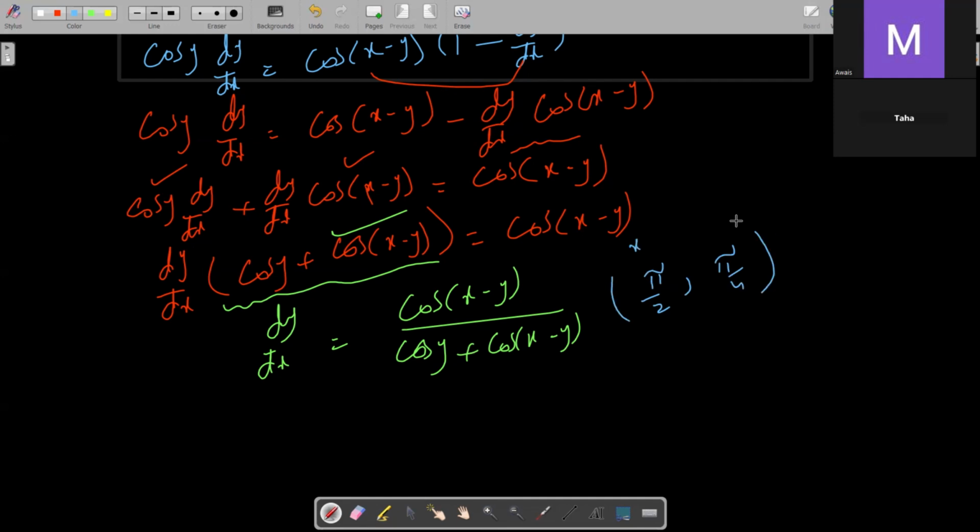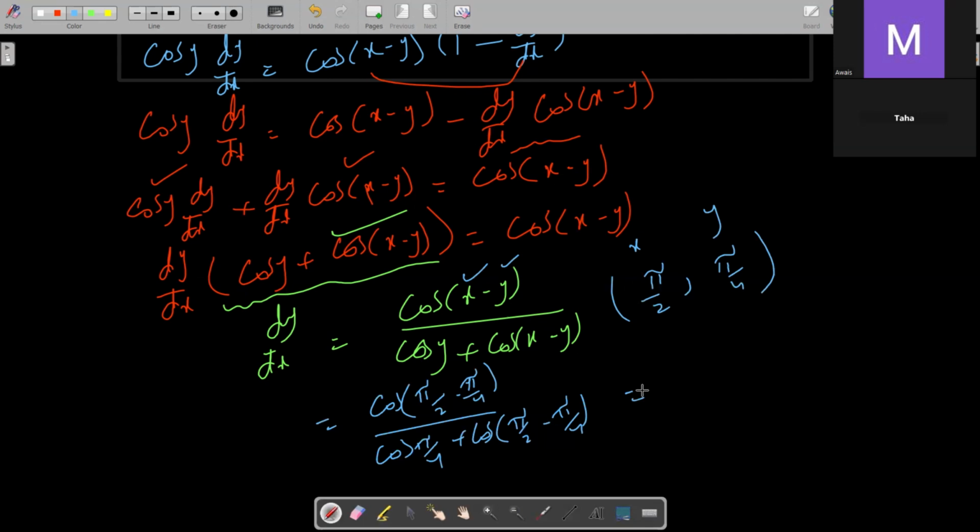It means x is pi over 2 and y is pi over 4. Cosine pi over 2 minus pi over 4. You can just simplify. Cosine pi over 4 plus cosine pi over 2 minus pi over 4. So you have to simplify and write the required result.